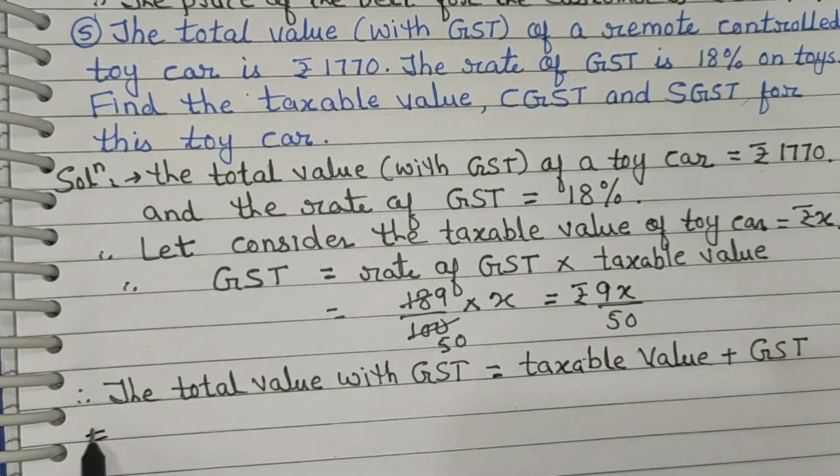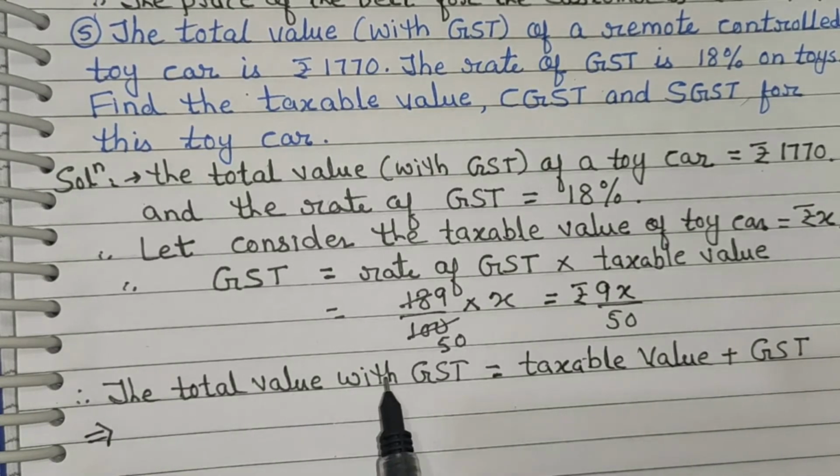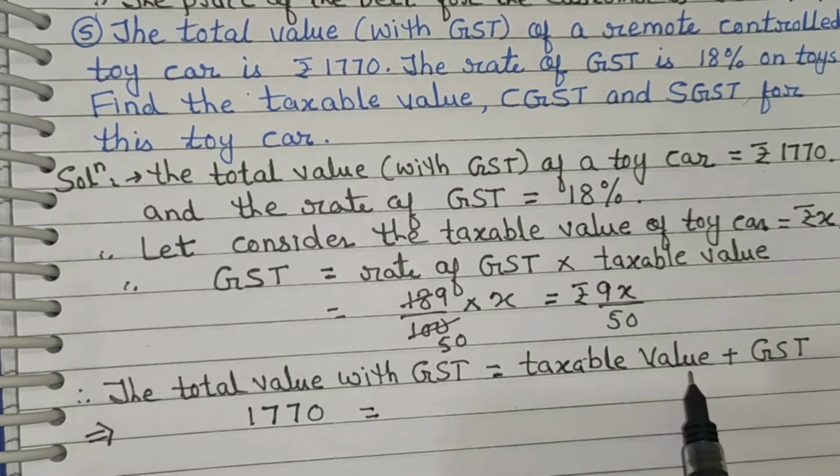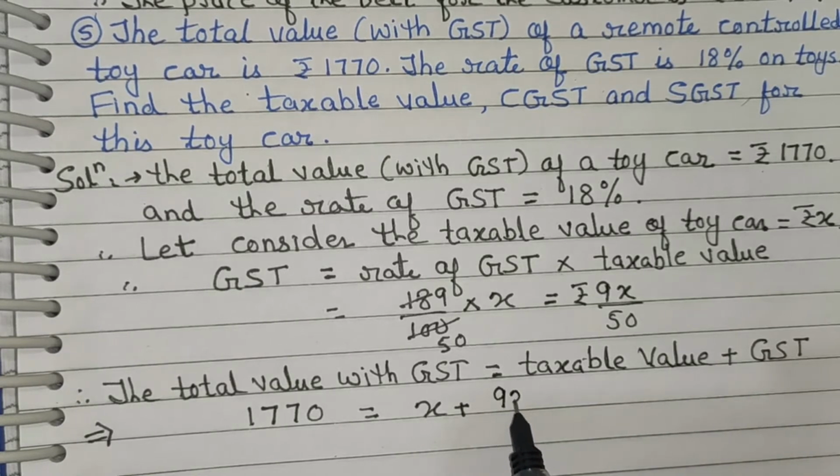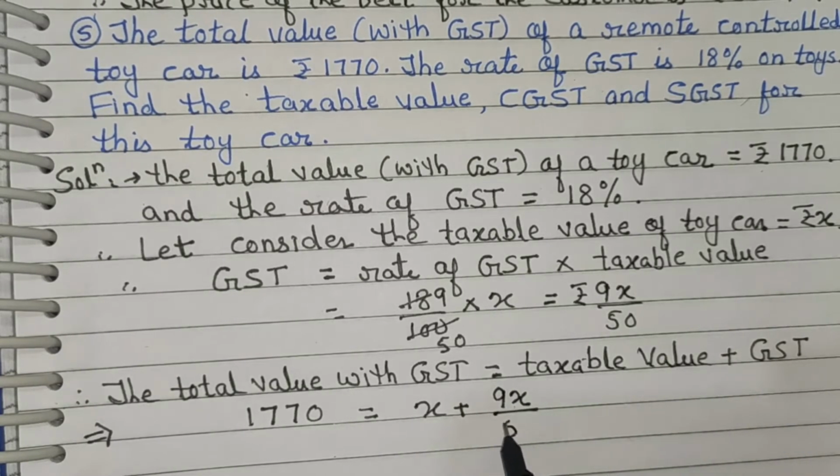Now substituting all the values here, the total value with GST is given: 1770 is equal to taxable value, consider here x, plus the GST, which is 9x upon 50.